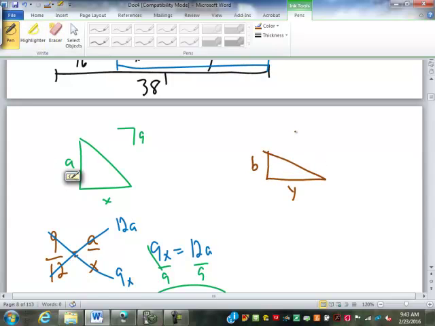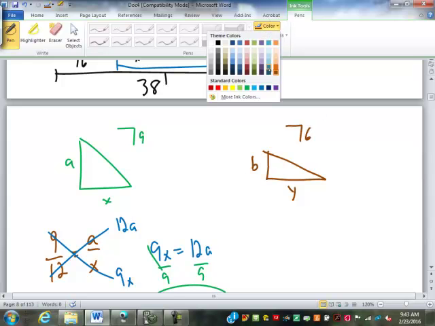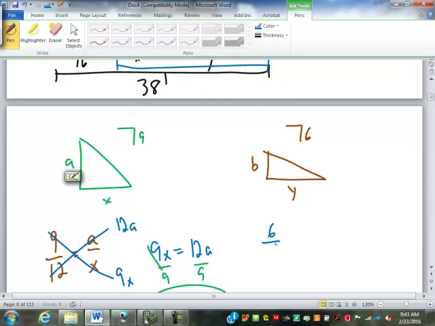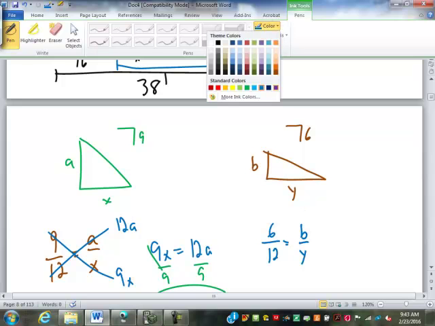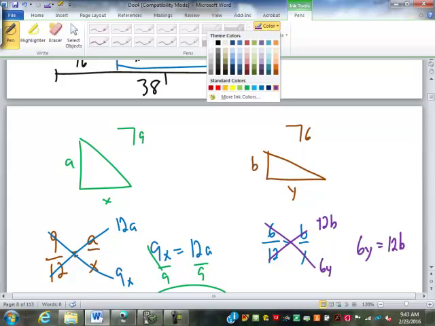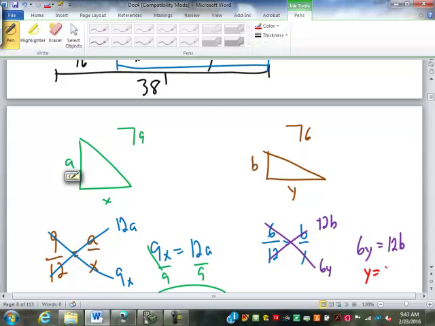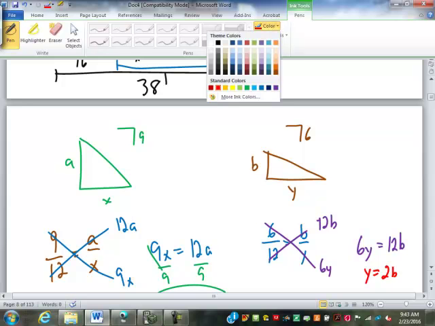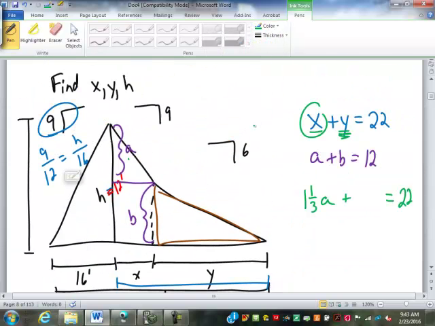This is B, this is Y, and this is a 6 over 12 slope. 6 over 12 equals B over Y. 6y equals 12b. So obviously here I'm going to divide by the 6 to get y equals 2b. So y here gets replaced with 2b.